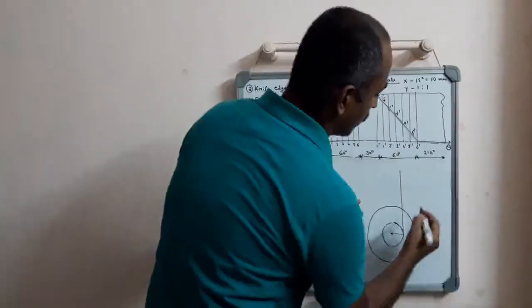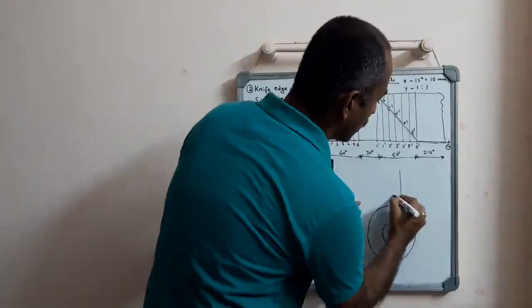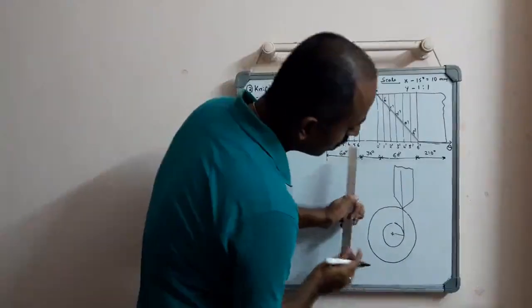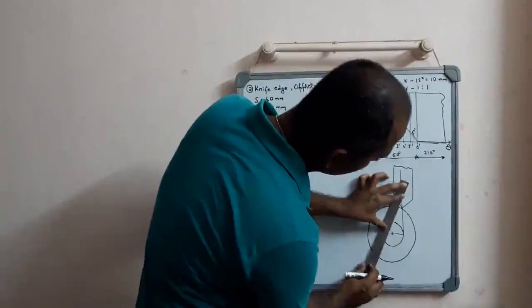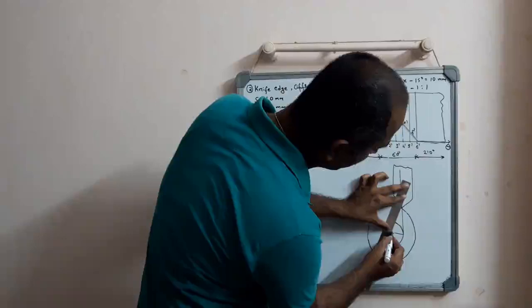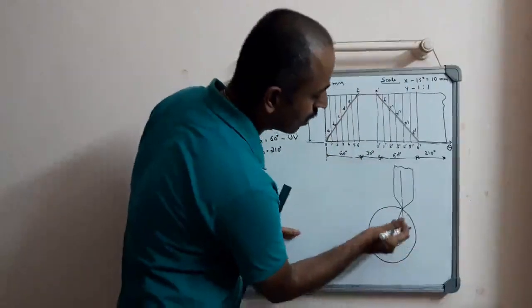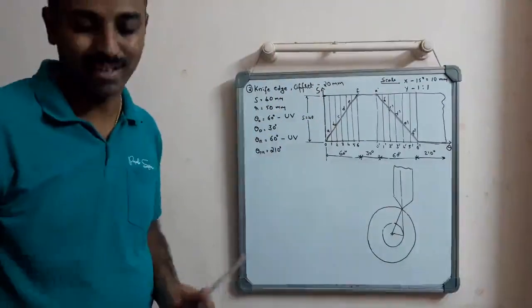Here, approximately construct the knife edge follower. Join the cam center to the knife edge, which will be the reference line for dividing the base circle.